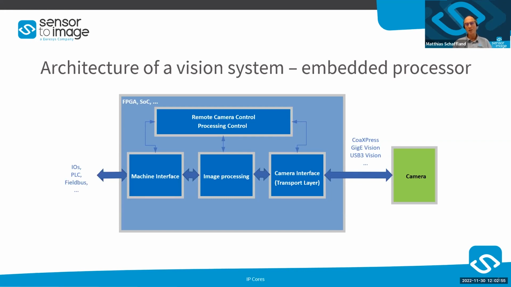Then you typically have an image processing block, which is a little bit more than what you have in the camera. Here you do real image processing, analysis, AI, whatever you want to do. The result is then used by the control unit and the machine interface to communicate with external systems.